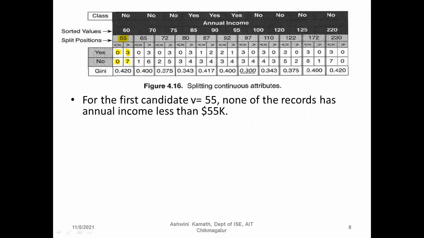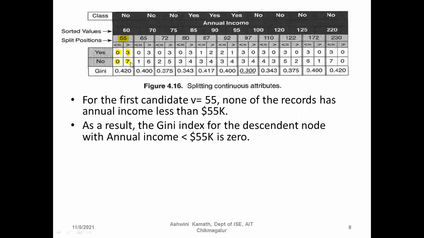When you compute the Gini index for this, you know how to calculate the Gini index. For the first one, that is 0 and 0 we have for less than or equal to, so we'll get 0 for that, and 3 and 7 we have.